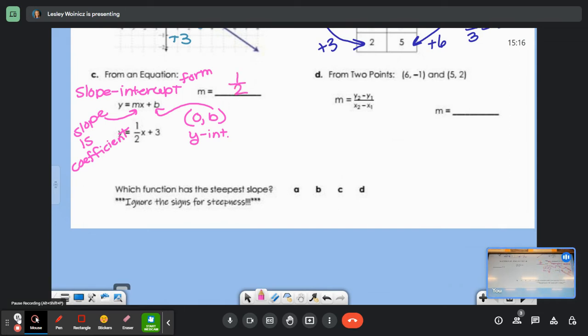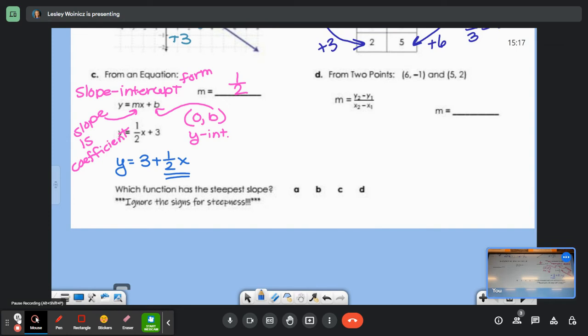Okay, what if I rewrite my little equation and I say y equals 3 plus 1/2 x? Now what is the slope? It's still 1/2 because the 1/2 is still with the x. Okay, so it doesn't matter what order those terms are written in. The slope is the slope because it's the coefficient of the x.